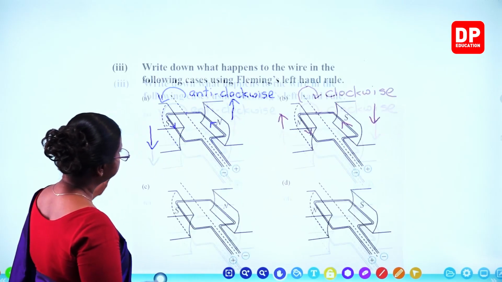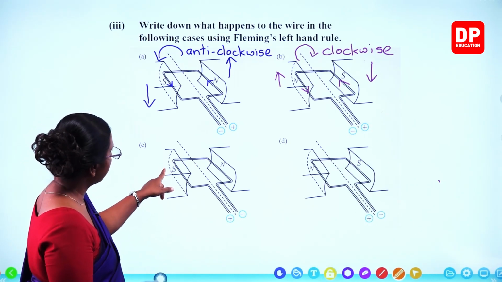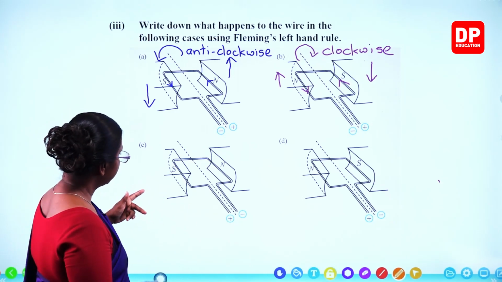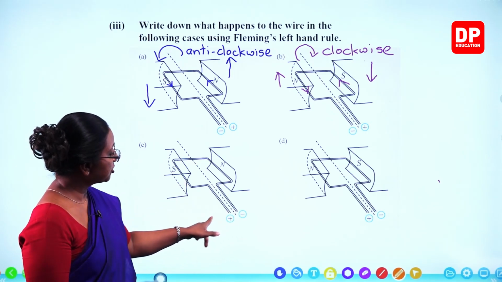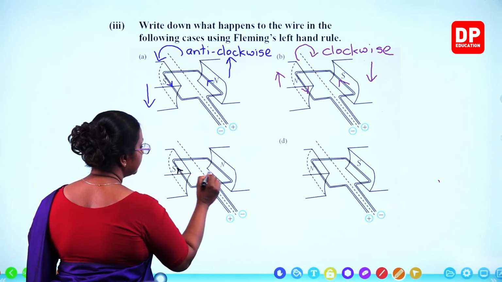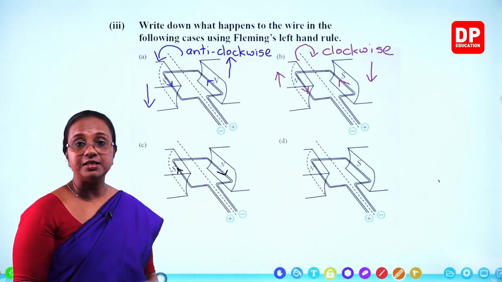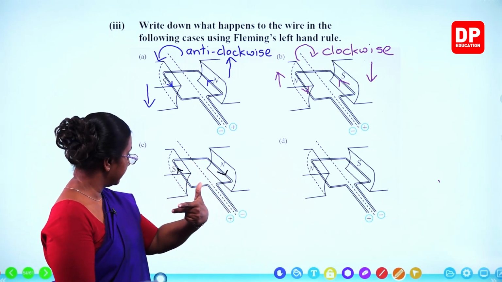Then, so here again we have another instance where you have south to north the same way. Can you see that? The magnetic field is the same, but the direction of the current flow has changed. The current flow is going to be this way to this way. Then, how will it move? So, magnetic field has to be in this direction.